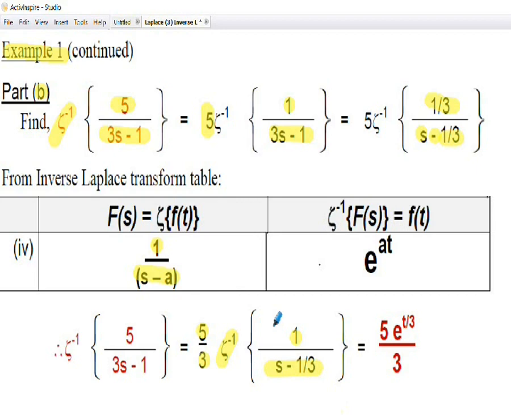So again, looking at that, I've got my standard form of 1 upon s minus a, where the a in this case will be the 1/3. I now write that in terms of the function, so that will be e to the t upon 3, so the 1 upon s minus 1/3 is written as e to t upon 3 from the inverse Laplace transform table, and don't forget I have to multiply by the 5 and divide by the 3 in this case.